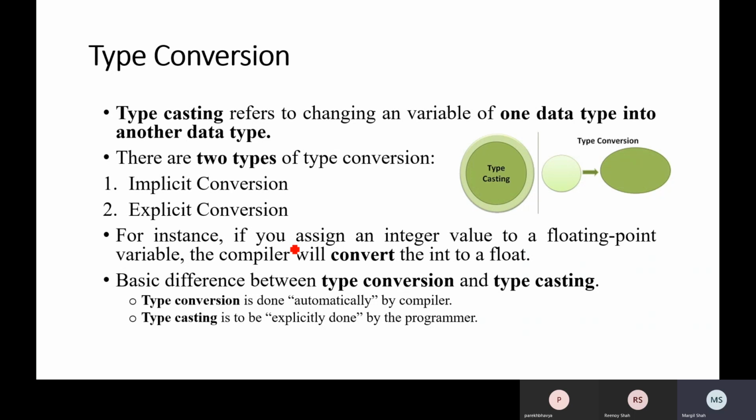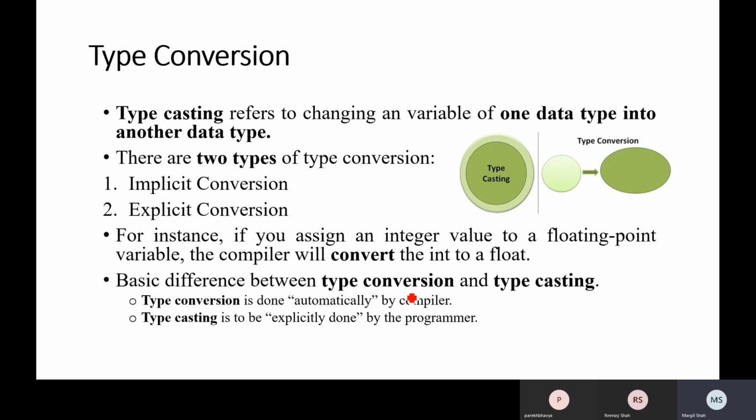For instance, if you assign an integer value to a floating point variable, the compiler will convert the integer to a float, right? Suppose we declare float a and the value is 10, then 10 is automatically converted from integer to float, that is 10.000000.